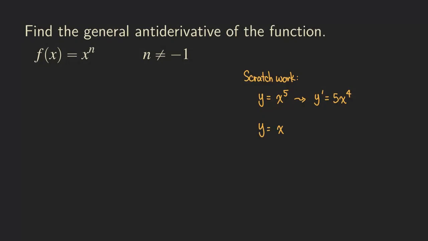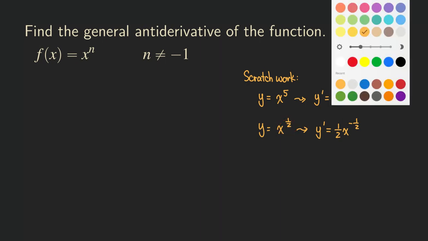Let's say x to the 1/2, a square root. When we take the derivative, we get y prime equal to, you bring down the 1/2 and subtract 1 from the 1/2, which is negative 1/2. Do you see what's going on here? When we go from negative 1/2 to 1/2, we are adding 1.